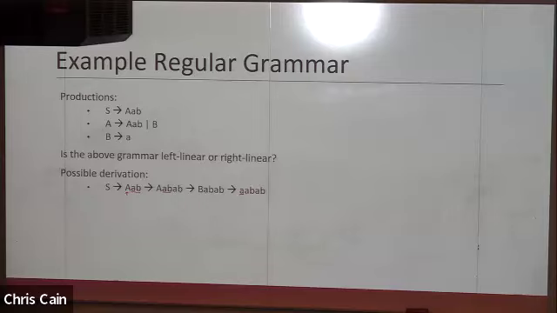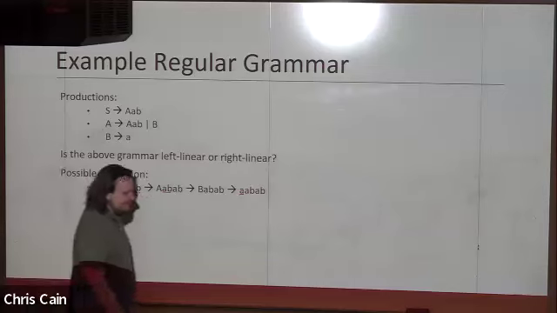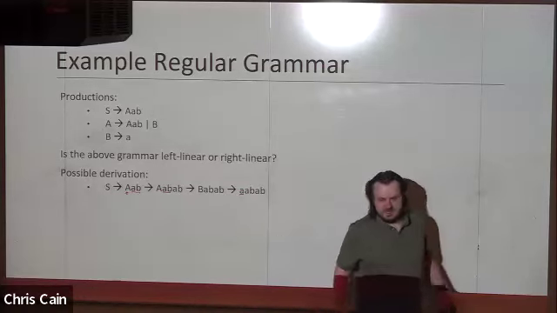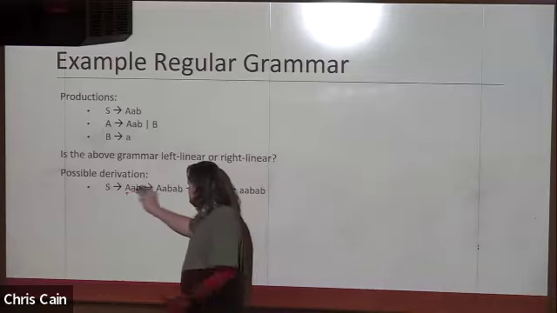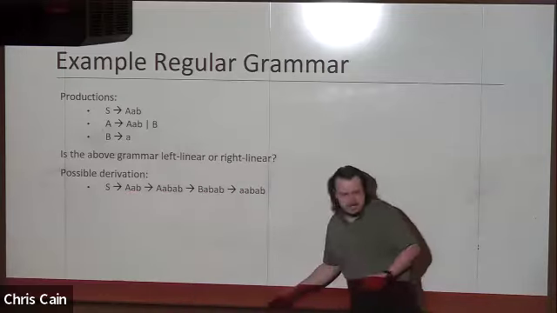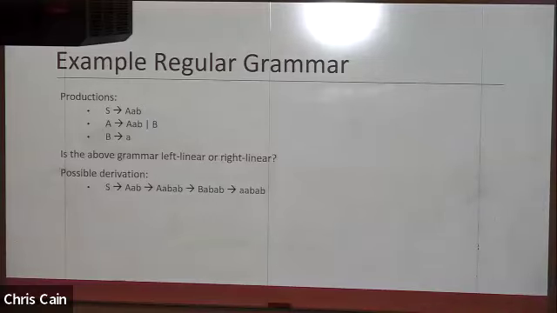Reveals itself from right to left. And it's left linear because of the non-terminals on the left. So conclusion, because we had a path through this grammar that produced that string, the string is a member of the language that is defined by this grammar.